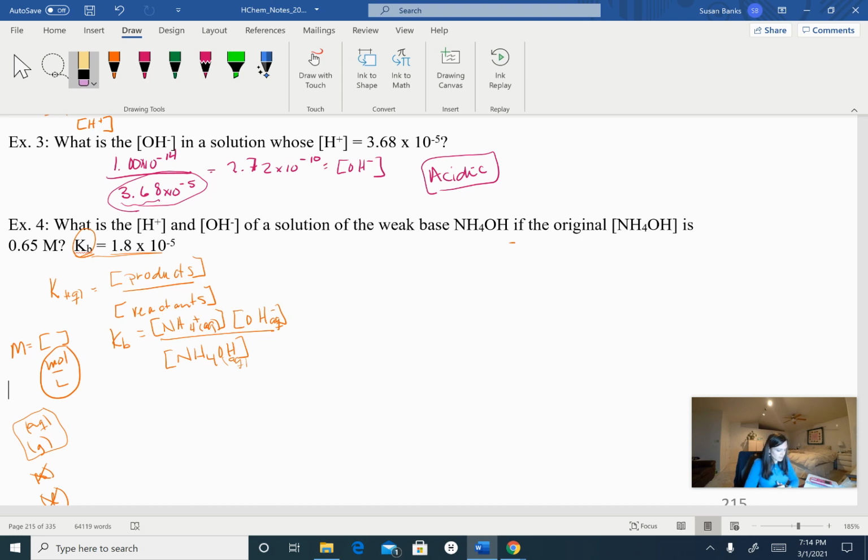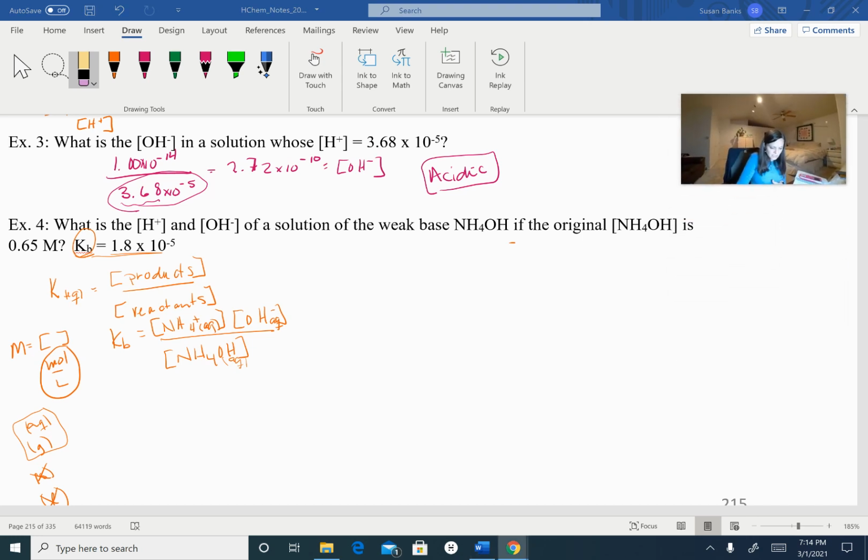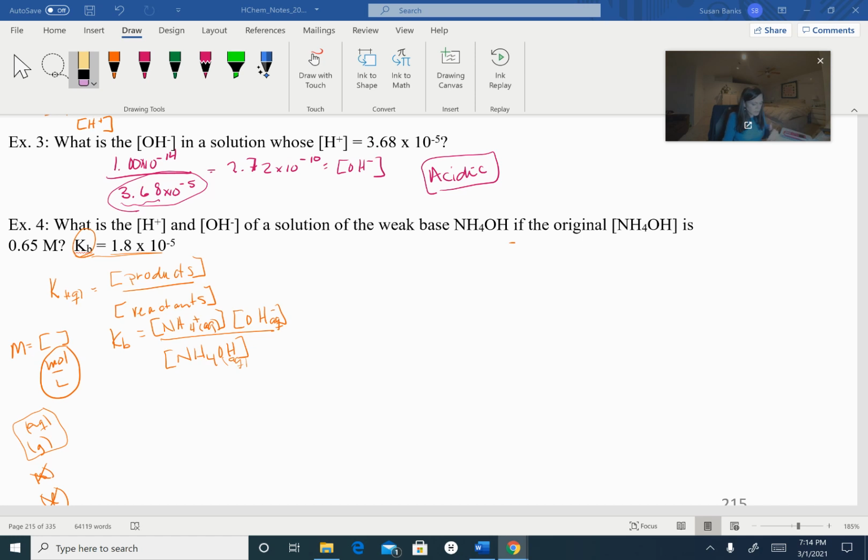And you'll see why in just a minute. Now, we're going to make this grid here. And the very first thing we need to do, before we even make the grid, is put the reaction on top. So I'm going to rewrite the reaction so that we can make a grid underneath it. And I'm going to move myself up here so that I have some space to write. So we're going to rewrite this reaction.